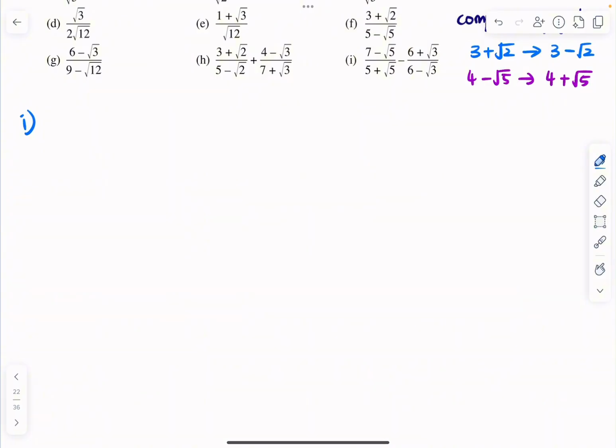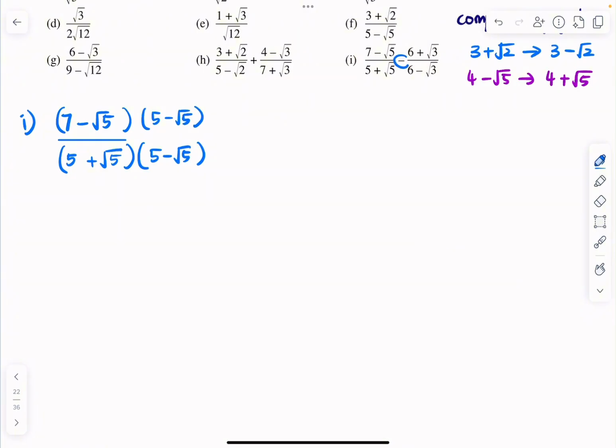The next one, same thing. 7 minus √5 over 5 plus √5. Then this one we have to multiply with the conjugate. So the conjugate of 5 plus √5 will be 5 minus √5.